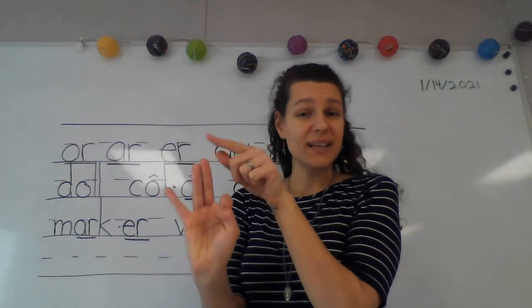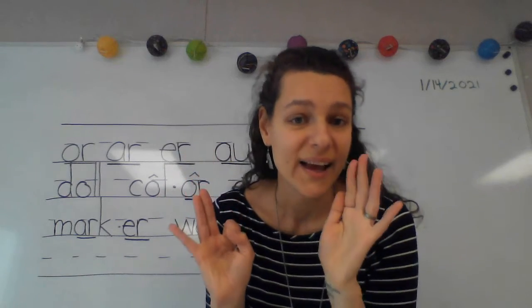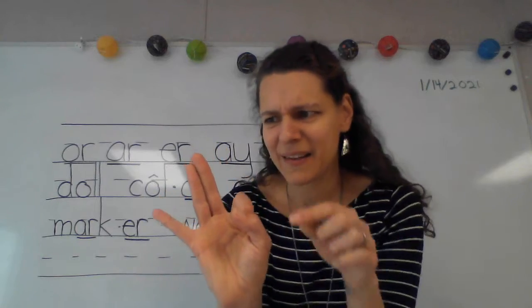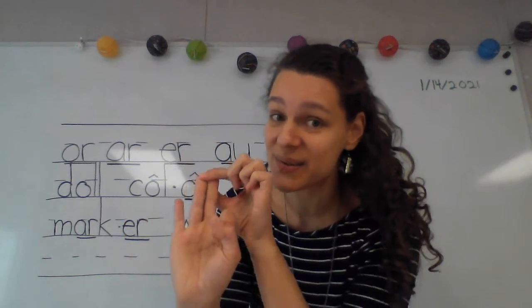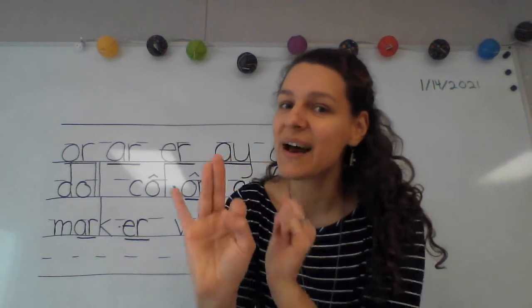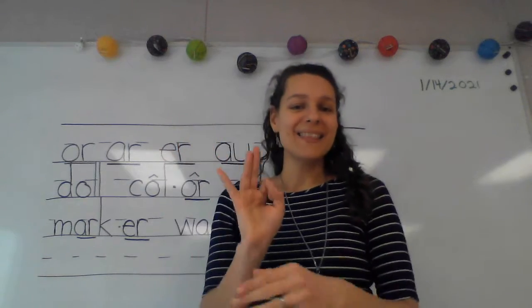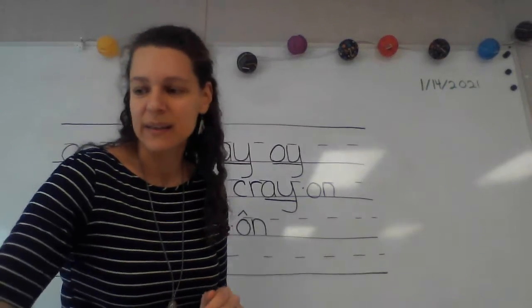Which oi are we going to use? I hope you said the oi that we do use at the end of English words, because this is at the end of an English word, so we couldn't use the oi that we do not use at the end of English words. All right, write the sounds in toy and say them while you write them.